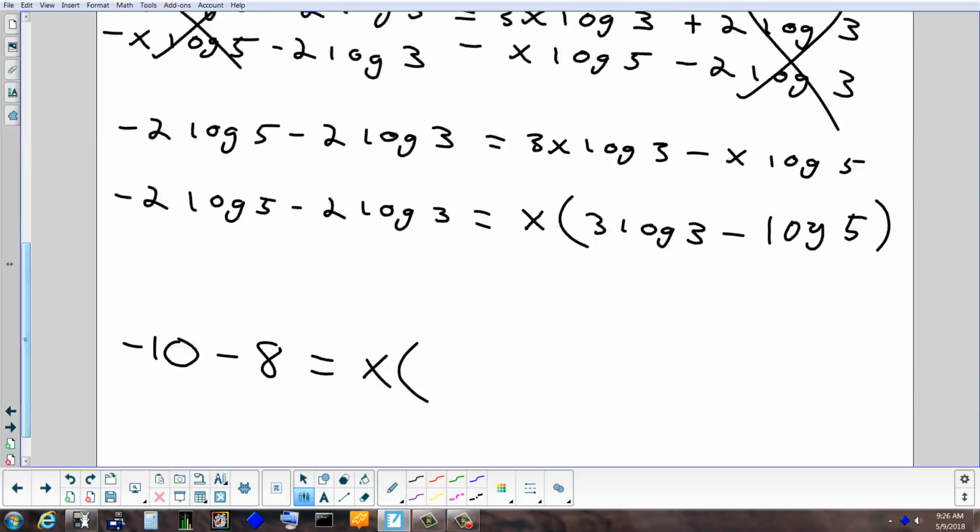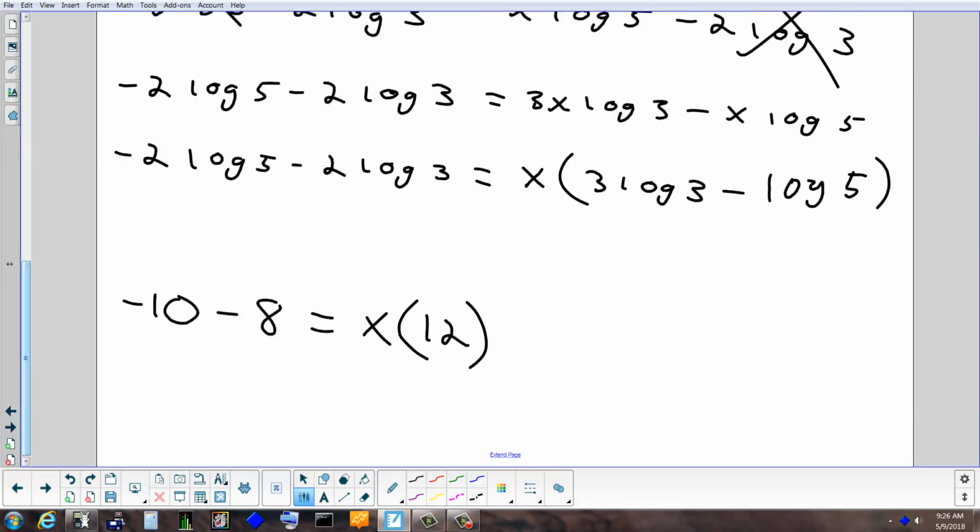Let's pretend that 3 log 3 minus log 5 comes out to 12. That's basically what you have at this step. A number minus a number equals a letter times a number. So the last thing to do is get this number on the other side, and you'll have x by itself.